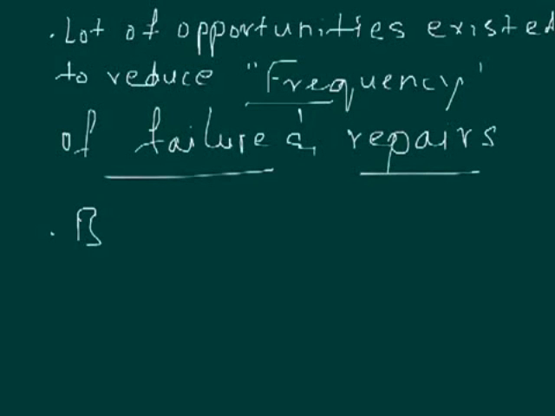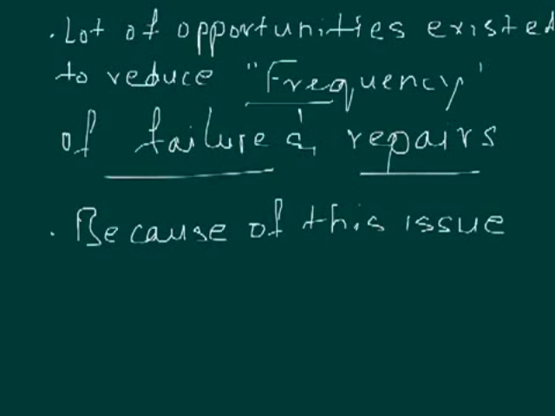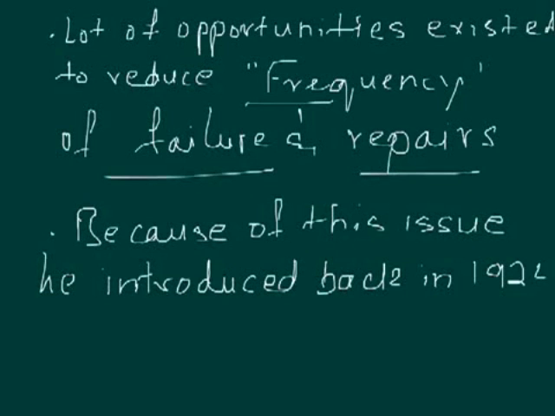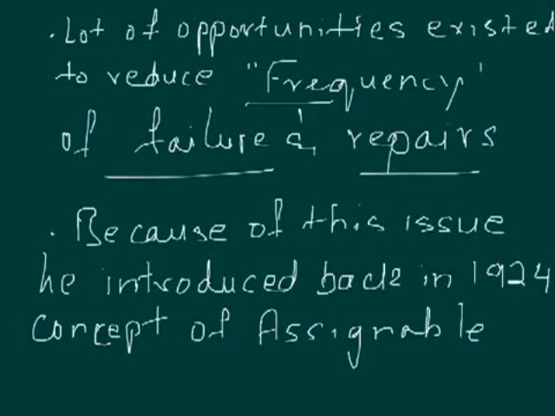So because of this issue, he introduced back in 1924 the concept of assignable cause versus the chance cause.